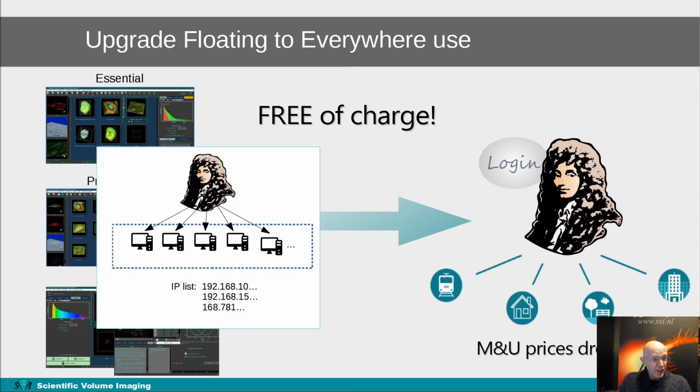Customers with an existing floating license can upgrade free of charge to Everywhere use. And I'd like to mention that the maintenance and upgrade prices for floating and Everywhere use have dropped significantly.